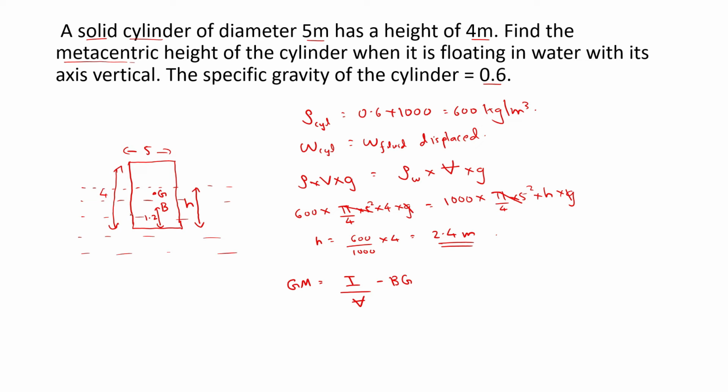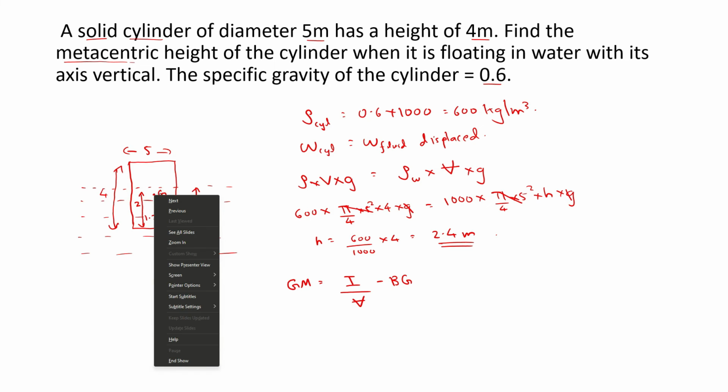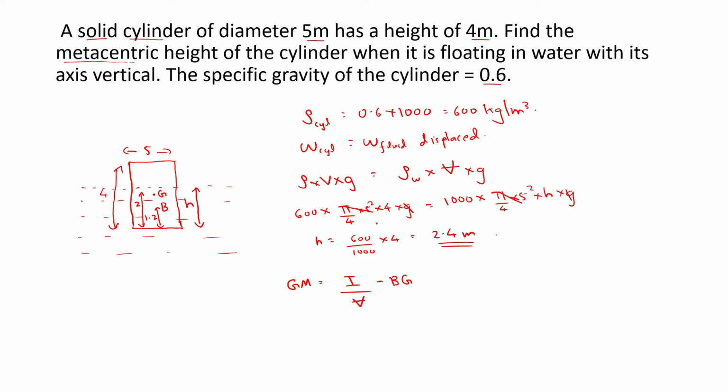That means the total length is 4, so it is 2 meter. Now that means BG will be equal to 2 minus 1.2, that is equal to 0.8 meter.